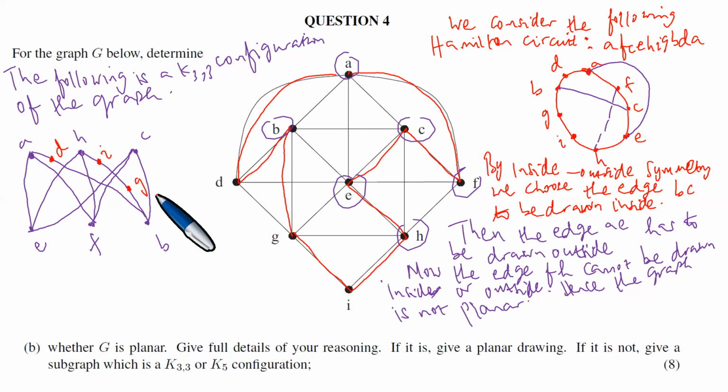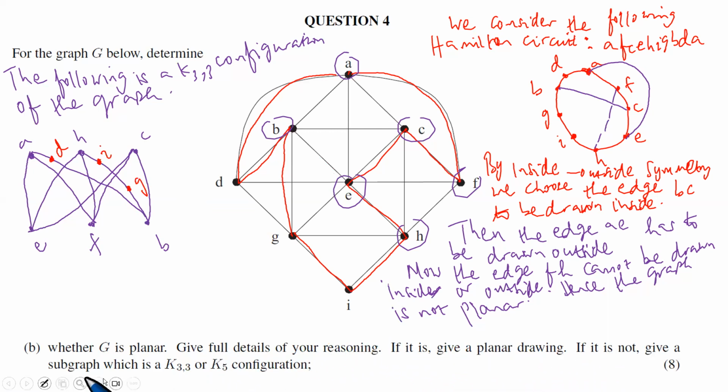But obviously we can see that this K33 uses also the Hamilton circuit we discussed there. And obviously here we have to determine whether G is planar. And if it is not, give full details of your reasoning. If it is, give a planar drawing.